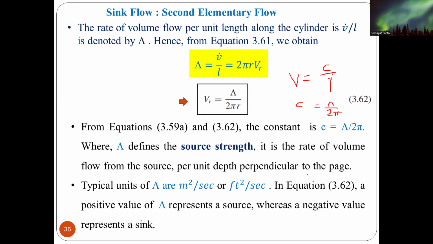A positive value of source strength represents a source, whereas a negative value represents a sink. This symbol indicates the source strength: positive is source, negative is sink.